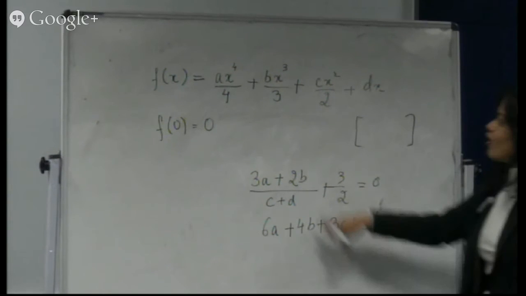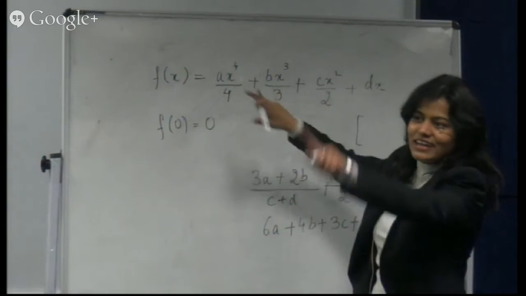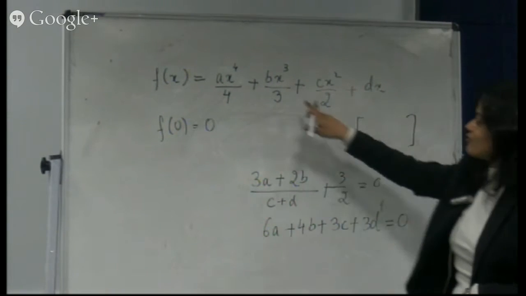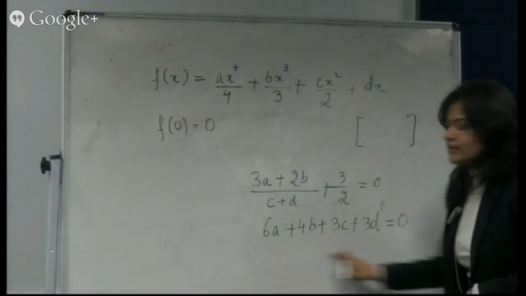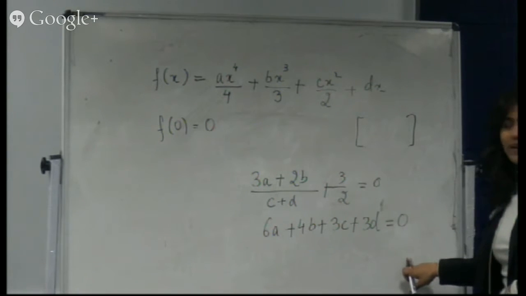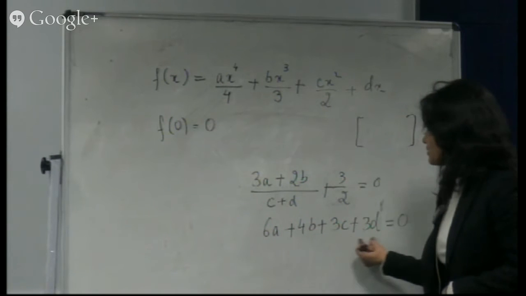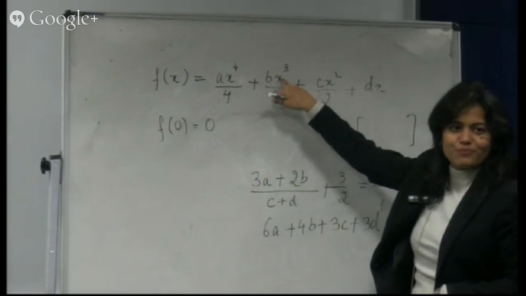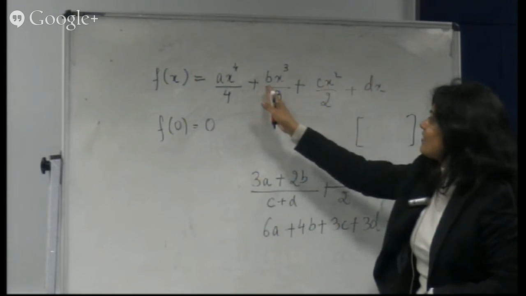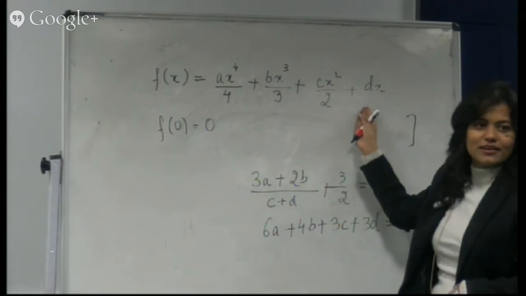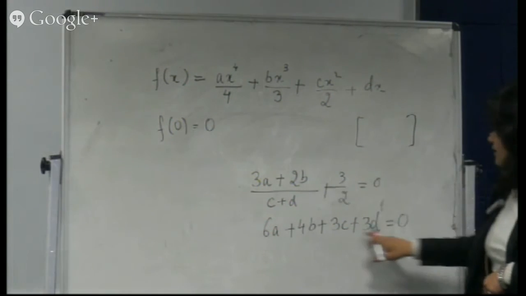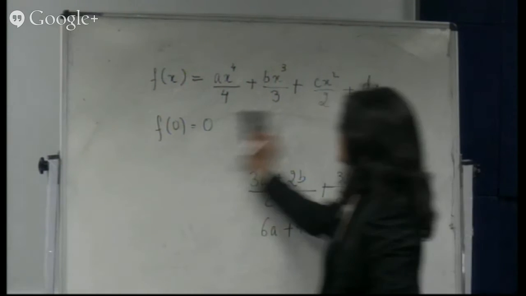Now, what are the other values given to you? 2 and minus 2. 0 is satisfying. So, out of 2 and minus 2, I have to see which one satisfies this condition. If you see here, all terms are positive. If you put minus 2 here, you will have some negative terms as well. So I already have the idea that 2 must satisfy this. Then you can check it out.